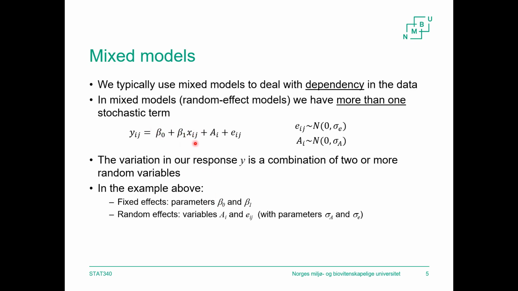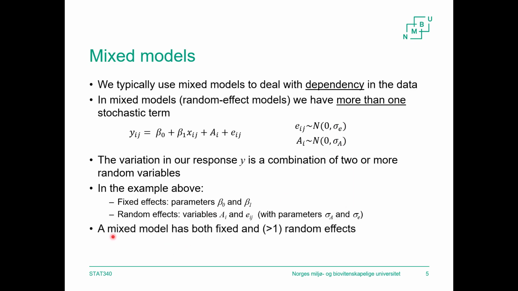This we have seen before. But now we have random effect A and random effect E, and both also have parameters. So we have actually four parameters in this model: two fixed, two regression coefficients, plus two standard deviations.